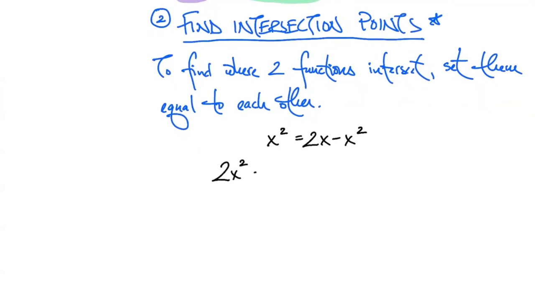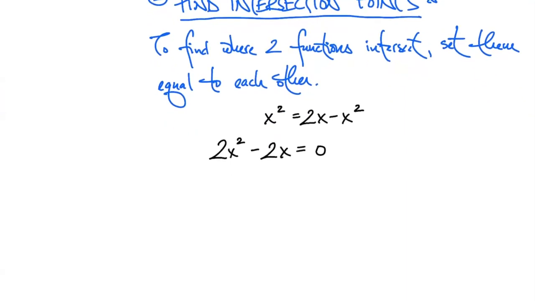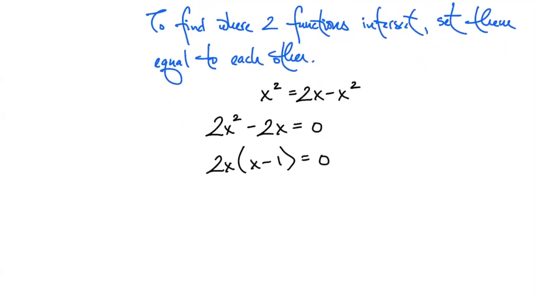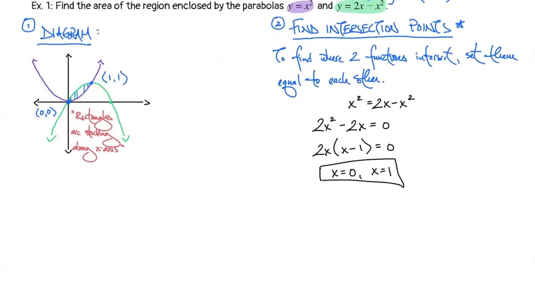I'm going to subtract the 2x, so minus 2x equals 0. Right? And now we're going to factor. So 2x times (x minus 1) equals 0. And I'm going to get x equals 0 and x equals 1. Okay. And that means that our guess up here for it being 1 was actually correct.